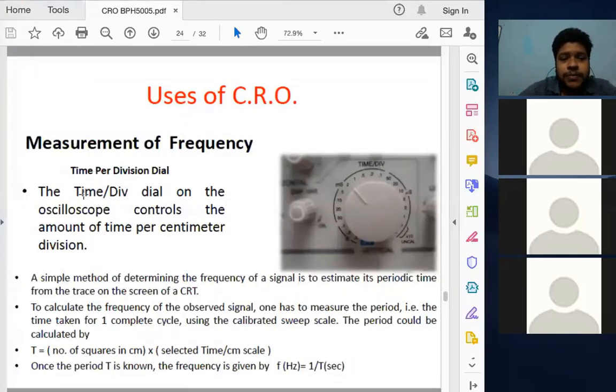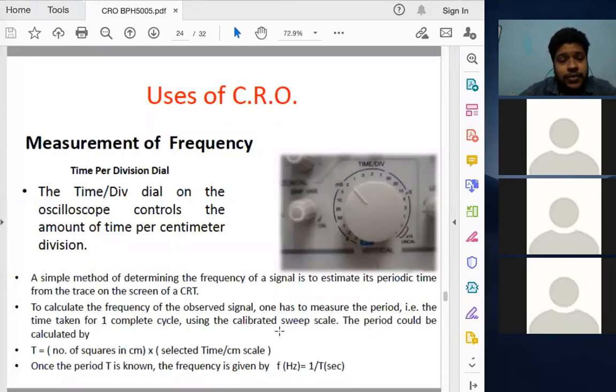The time per division dial on the oscilloscope controls the amount of time per centimeter division on the screen. The simple method of determining the frequency of a signal is to estimate its periodic time from the trace on the screen of the CRT. Just as we used to trace. To calculate the frequency of an observed signal, one has to measure the period, that is the time taken for one complete cycle, using the calibrated scale.